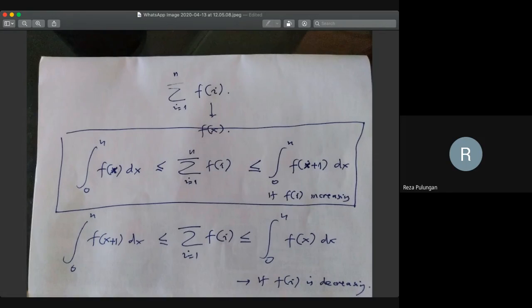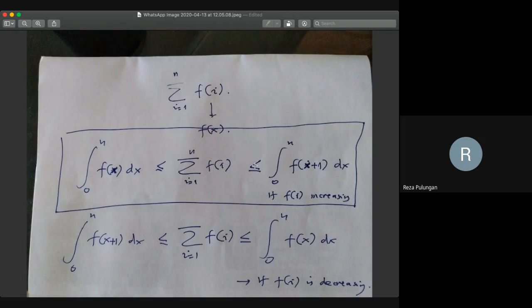Okay. So assume that you want to find any summation. The summation has this particular form: the sum of i equal to 1 until n of fi. Fi can be anything. In our previous example, fi is equal to 1 divided by i. Then this is the formula that you're going to use.